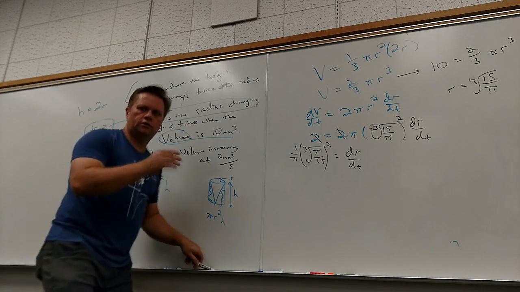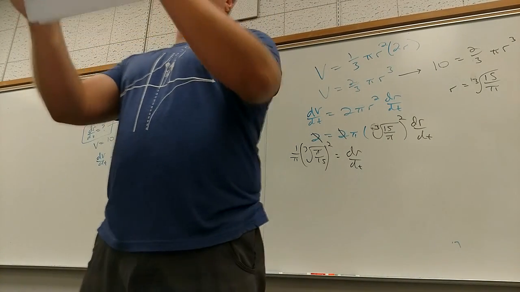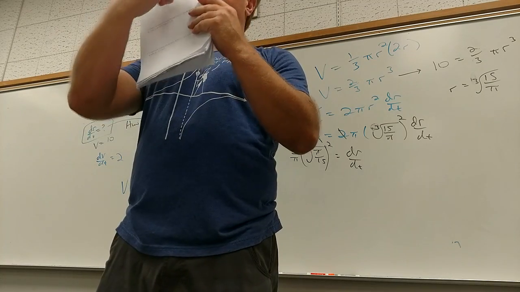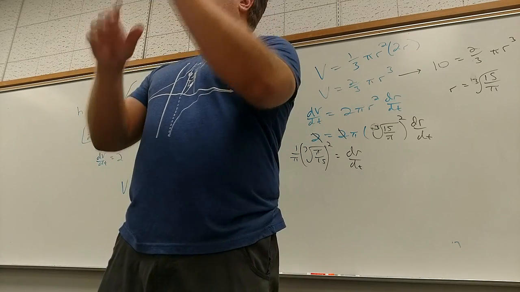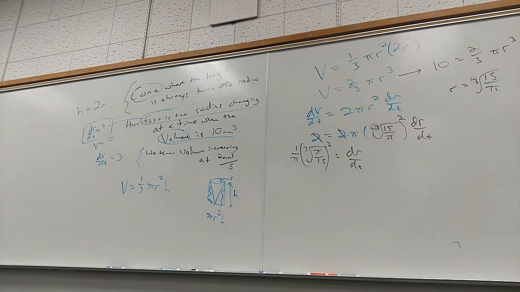Okay, so let me give you this. There's a side with a picture of a trough of water. Don't worry about that side yet. Do this side, the one without water. These are not full related rate problems. These are just practice on that first step we did.